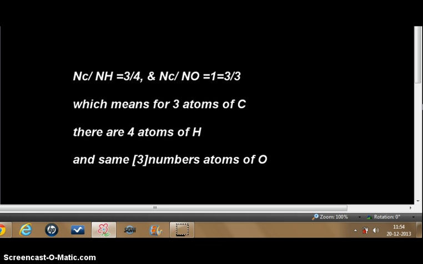So from this ratio, number of carbon to number of hydrogen is equal to 3:4. Then number of carbon to number of oxygen is also equal to 1, which for the sake of convenience we convert to 3/3.